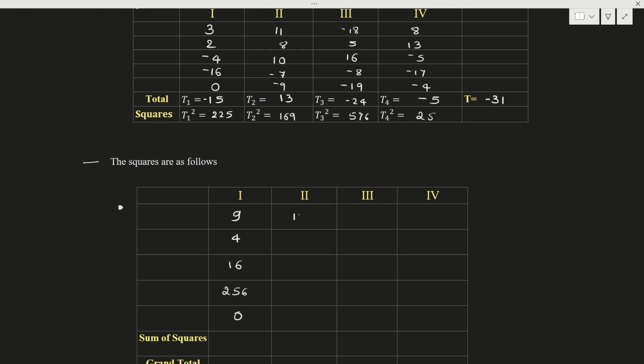Next, second column: 121, 64, 100, 7 square is 49, 9 square is 81. Next, 324, 25, 256, 64, 361. Then 64, 169, 25, 289 and 16.